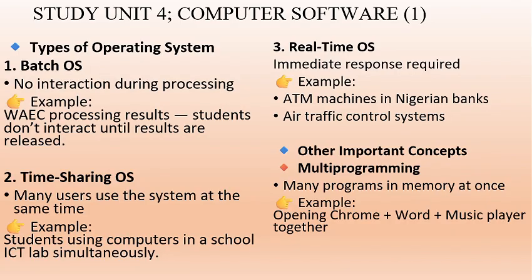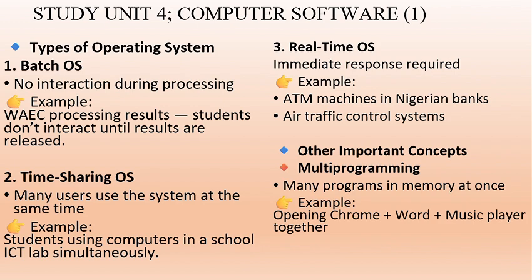An example of this is WAEC processing results. Students don't interact until results are released. This is just an example to explain the batch operating system. Once they are done writing WAEC, they process the results, mark the results, and send the results to the portal so that students can check. Students do not interact.